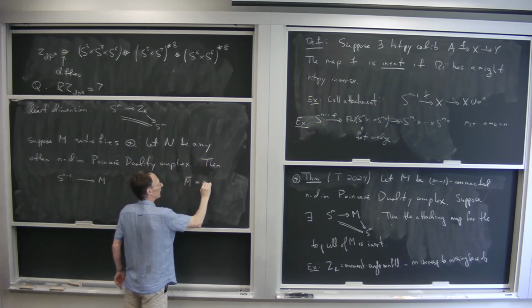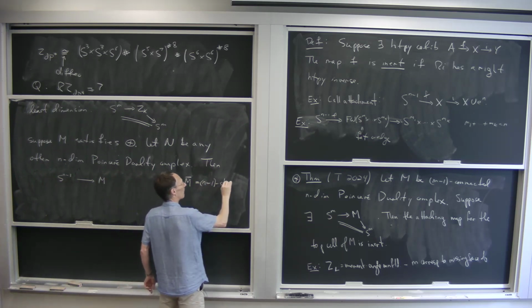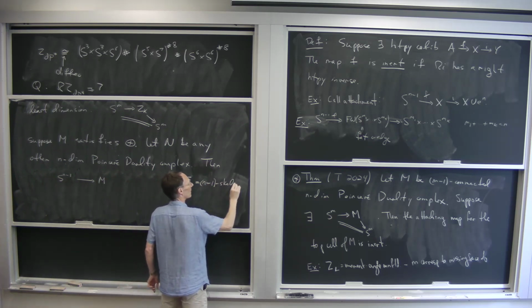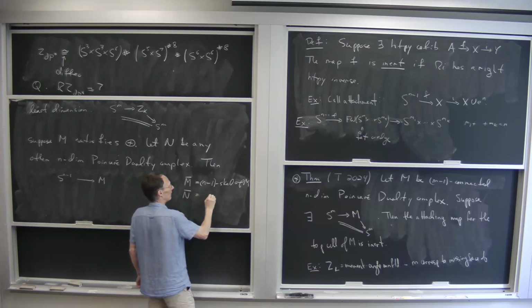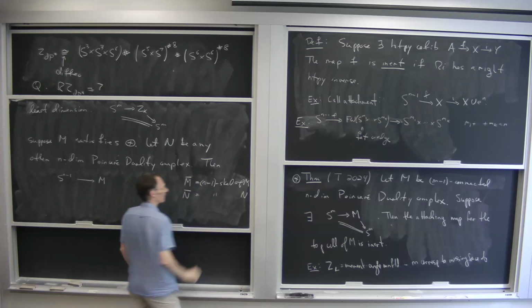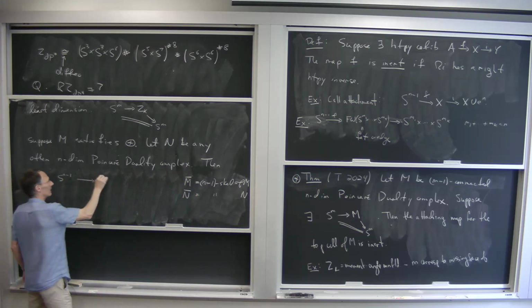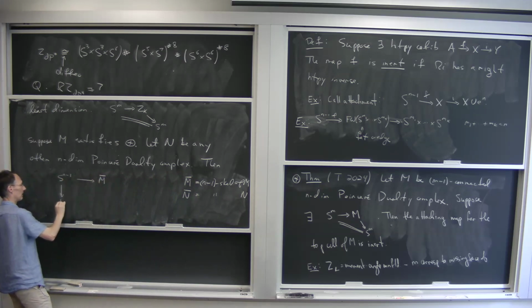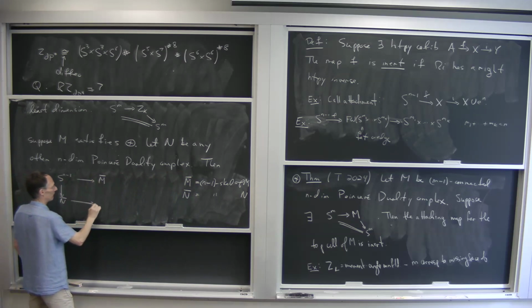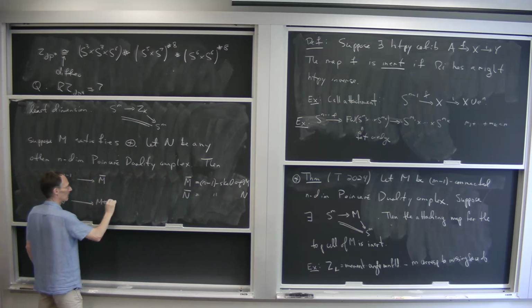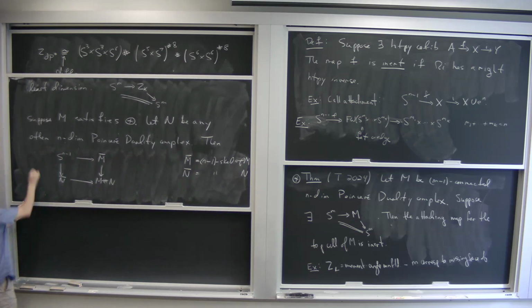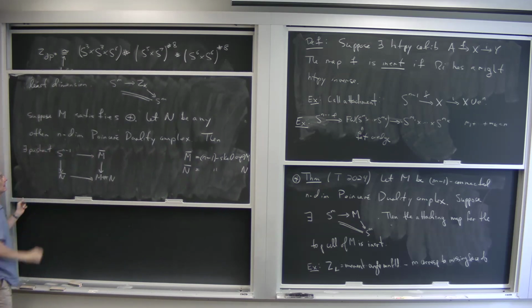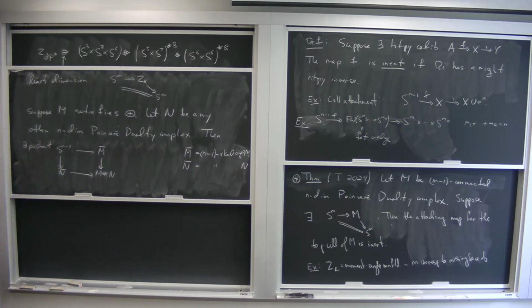M bar for the n-1 skeleton of M, and N bar for the n-1 skeleton of N. So you have a push out for this connected sum.